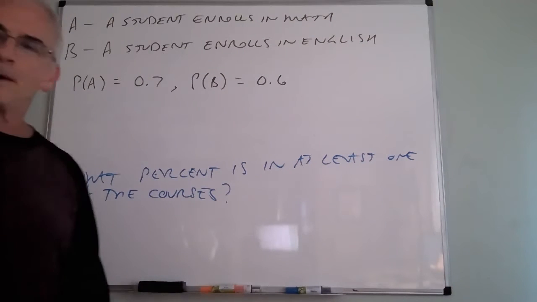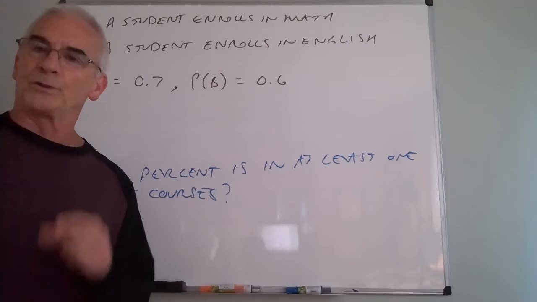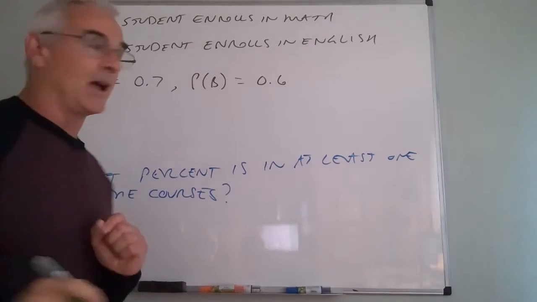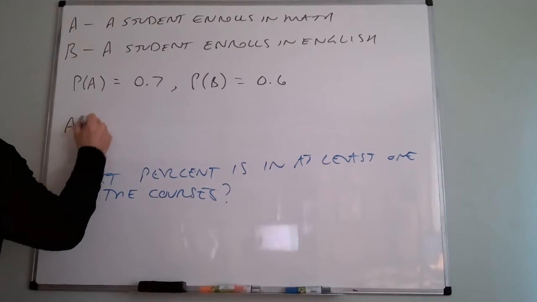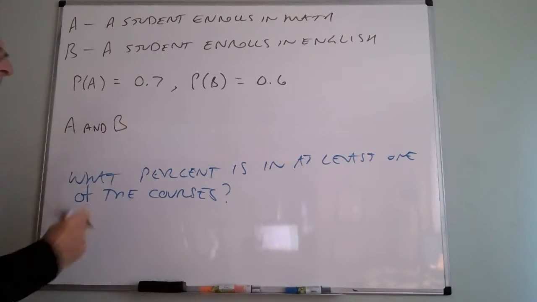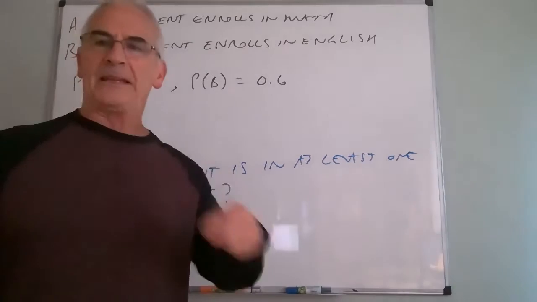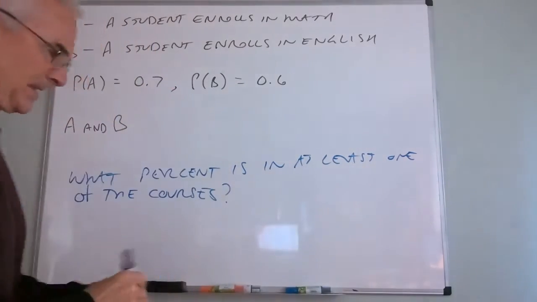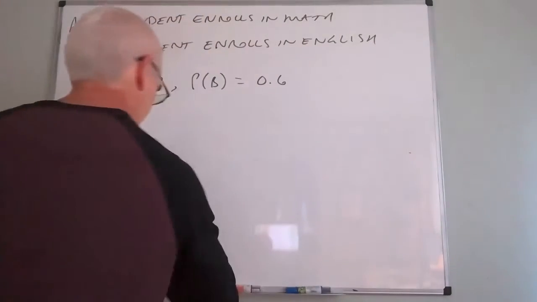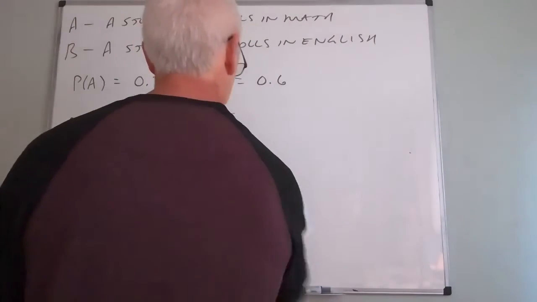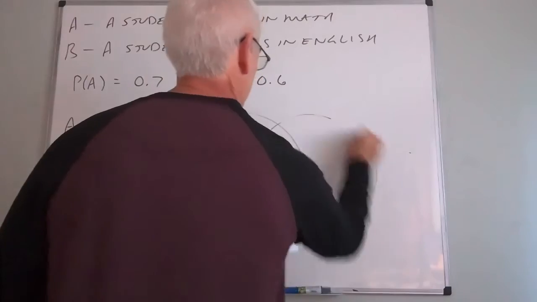But what do we say about the students who are enrolled in both simultaneously? Oh, that would be A and B. If you're enrolled in A and B at the same time. Well, let's look at it from a Venn diagram point of view. Okay, this might make it easier to conceptualize.